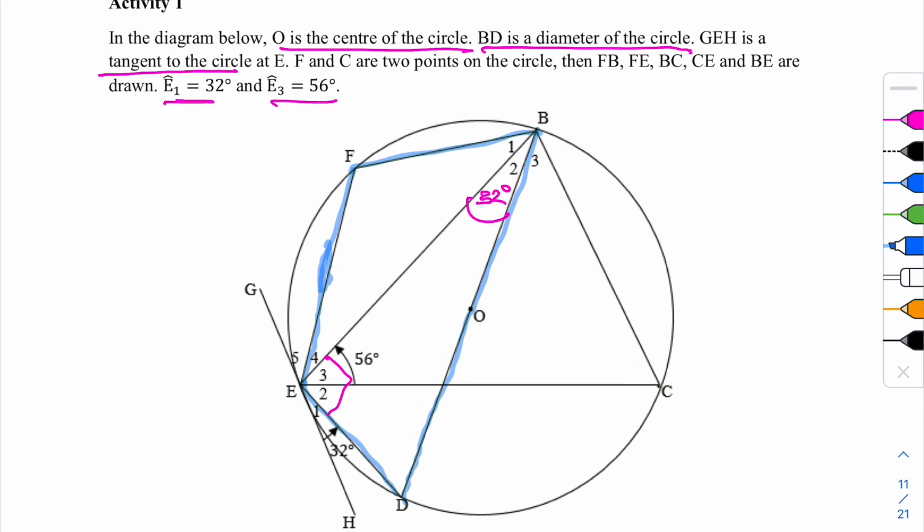Okay, so let me use a different color here. So this is the second cyclic quadrilateral, meaning that this angle E2 goes with angle B3, those are the angles in the same segment, and also angle D goes with angle C, that's angles in the same segment.